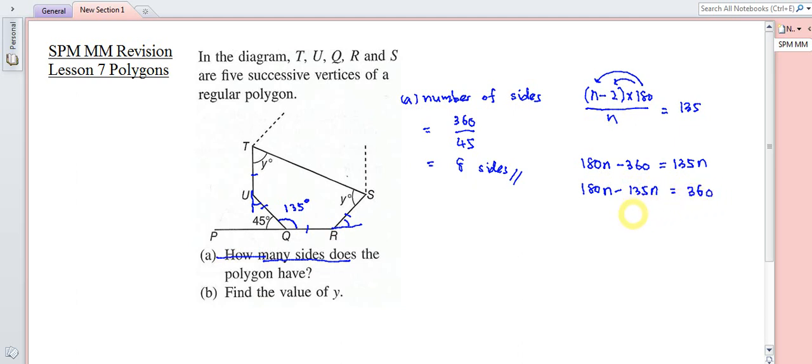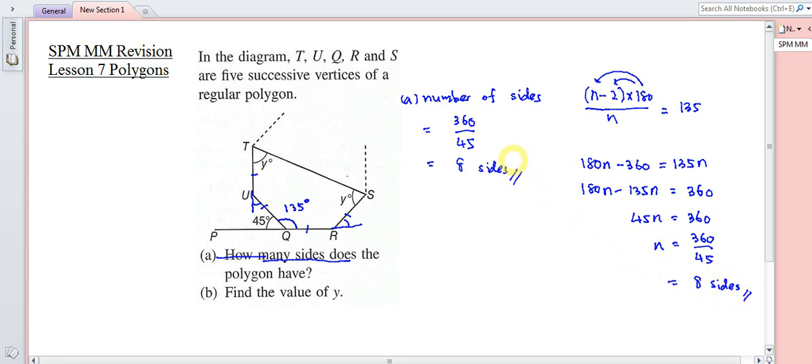So here you will get 45n equals 360. n will be equal to 360 divided by 45. It's actually the same thing, you see. You will get the same answer, 8 sides. But normally we will use the first method because it's faster and simpler.